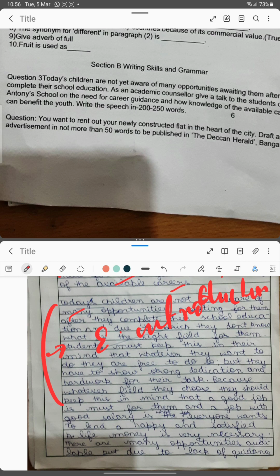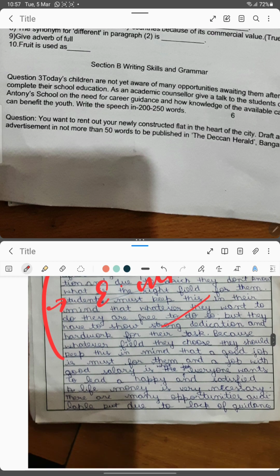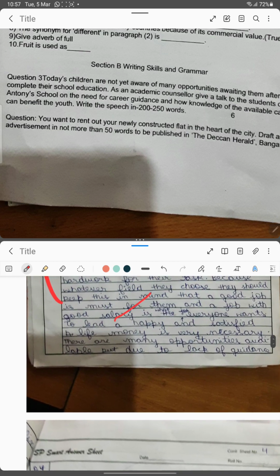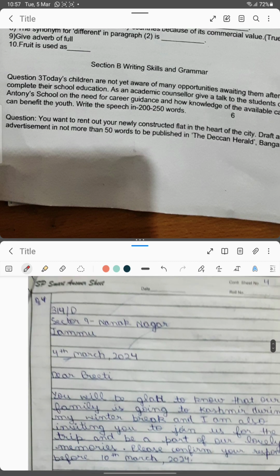They are forced by their parents or teachers to choose a particular field, but not by means of their own inclinations and identifying their potential. So they need proper counseling and guidance. After this, you have to properly conclude it. Introduction, exposition and conclusion, these are the 3 parts of a speech.